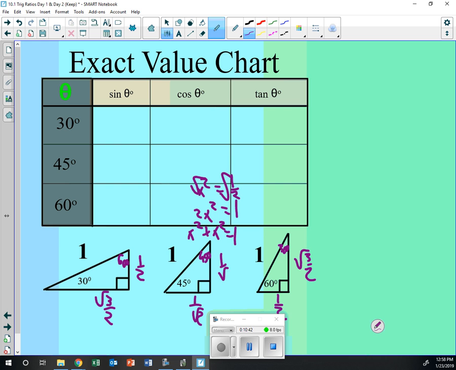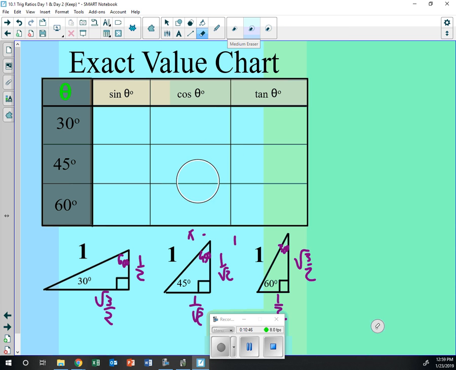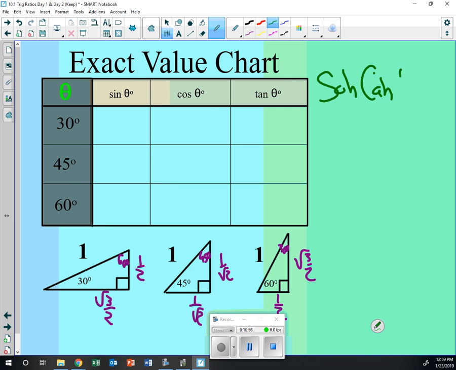Both of those are 1 over square root of 2. So those are my special triangles. And what you're going to do is use SOHCAHTOA to fill out these different rows using these triangles. And I think you can do it. Good luck.